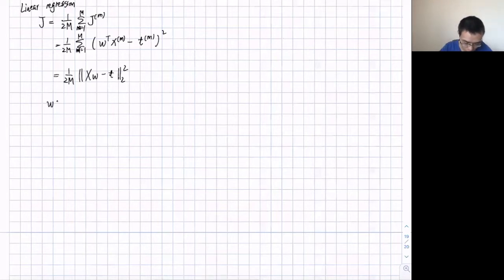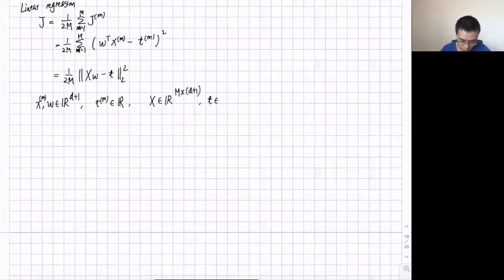So here, W is in R to the D plus 1, and X is also in that shape, but Tm, so this is Xm, Tm is in R. And if you write it in matrix-vector notation, then X, which is known as the design matrix, is M times D plus 1, and T is in R to the M, okay? I put everything together. And of course, J is a scalar.